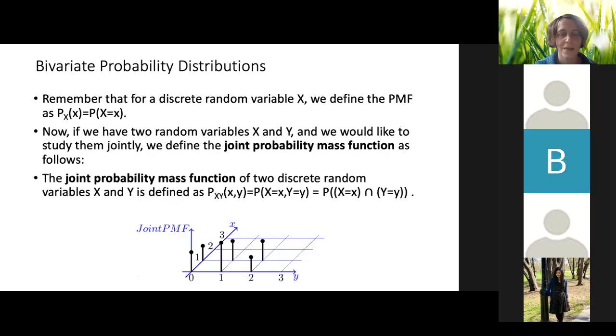Okay, this is just a reminder. We were talking about the probability mass function, right? It's just the probability distribution of discrete variables. It's always easier to think about discrete variables, but everything applies to continuous variables as well.